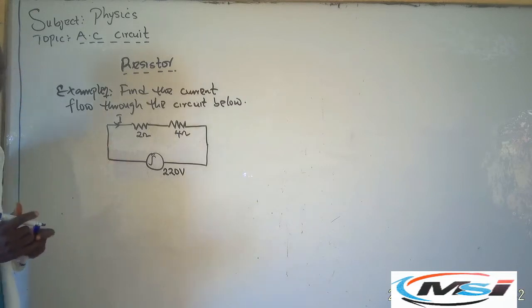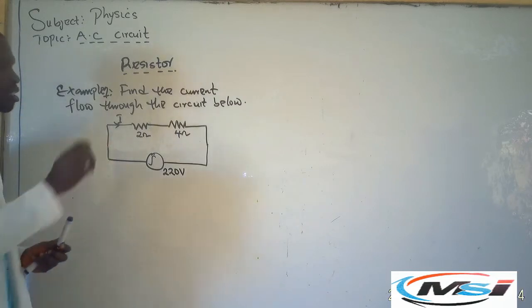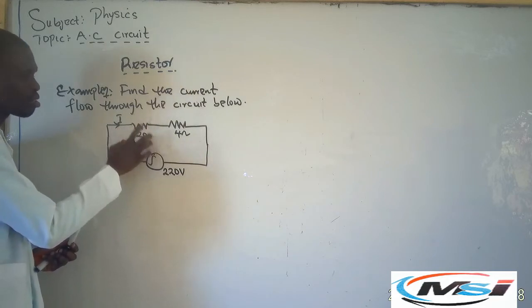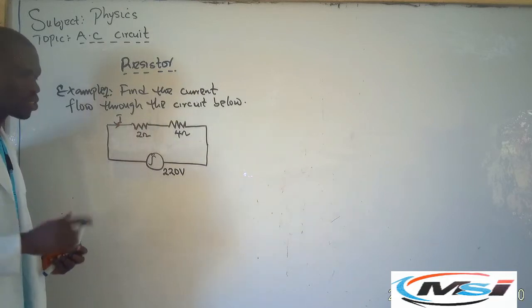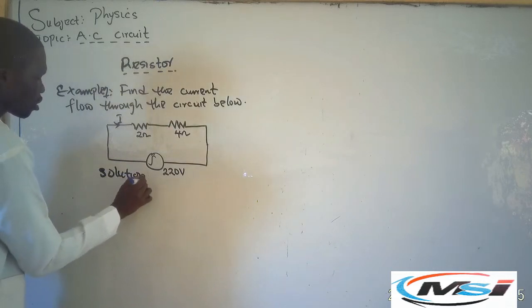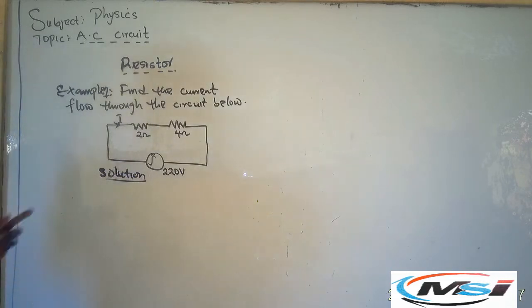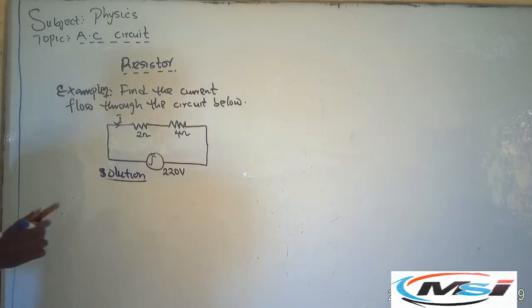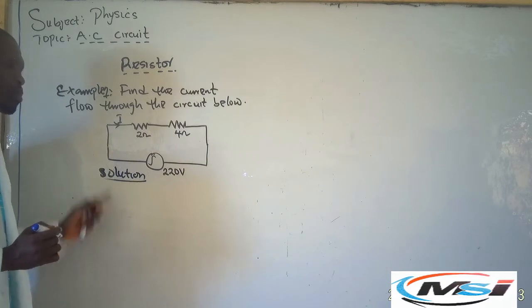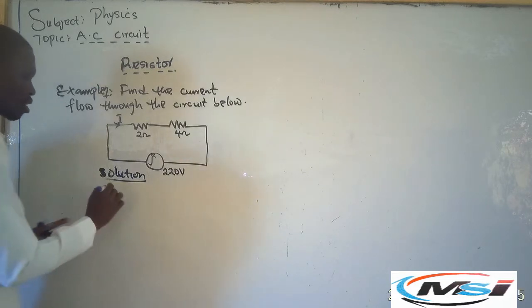And remember, I told you earlier that the same current flows through series resistors but different voltage. So what are we going to do? Solution. The first thing you need to understand is you need to find the value of total resistance.